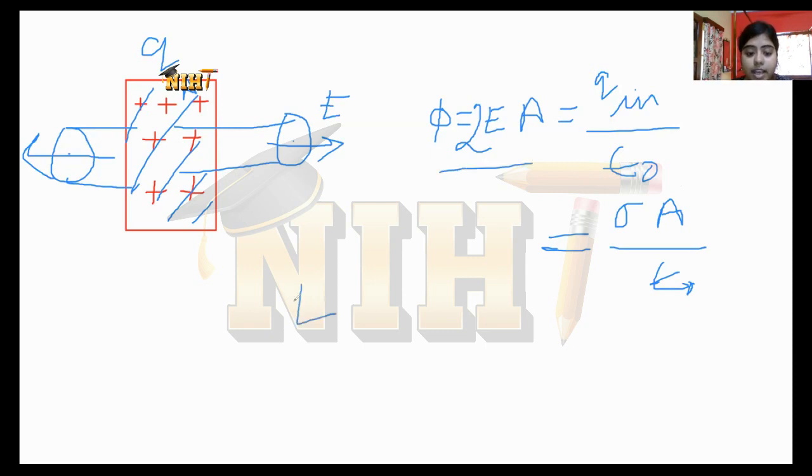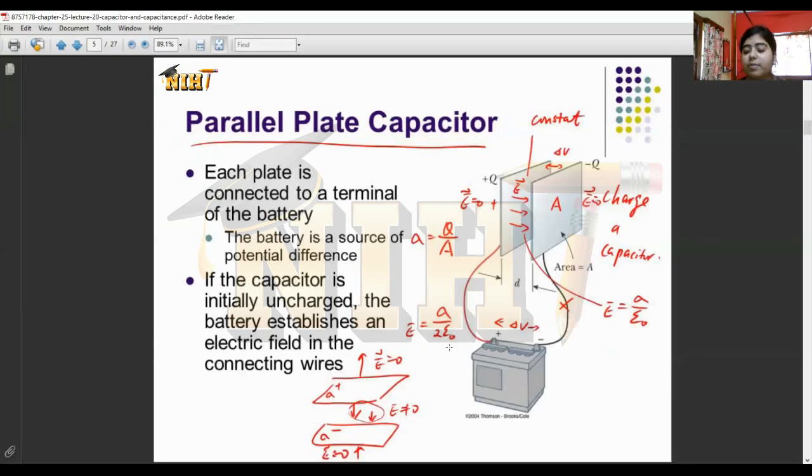From this expression, if you equate, A cancels out, so it becomes sigma by 2 epsilon naught. That is the expression for the electric field intensity due to a plane sheet of charge: E is equal to sigma by 2 epsilon naught.